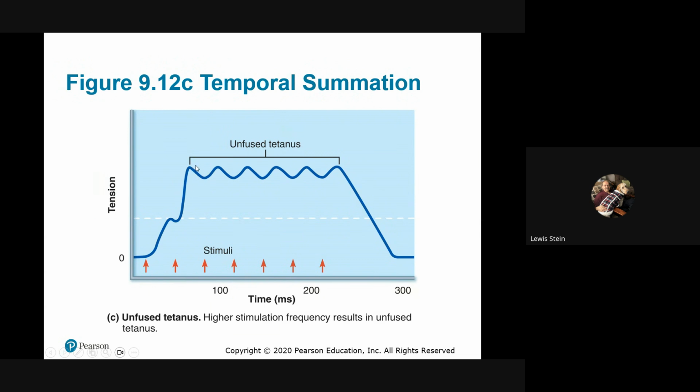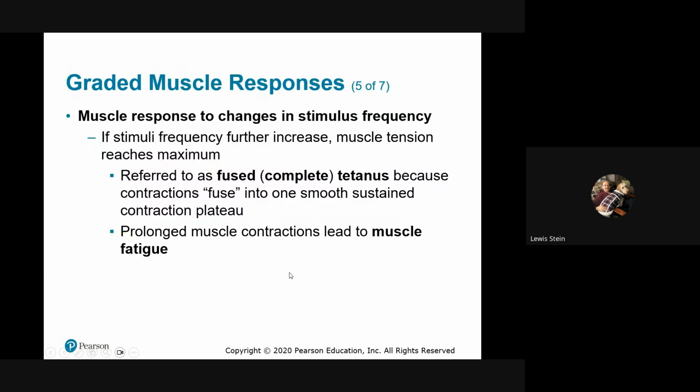You get this, it's really at its maximum, but it's not sustained in one horizontal linear form. But you can see how rapidly those stimuli are coming at you. And yes, we could achieve fused tetanus by further increasing it. Let's say now we're up to 50 of these a second. Complete tetanus, contractions fuse into a sustained plateau, and that will lead to muscle fatigue.